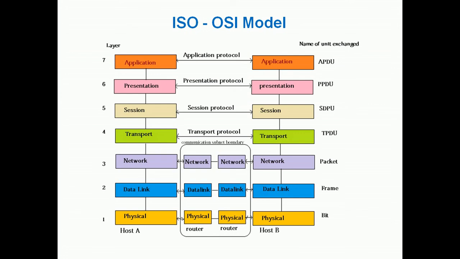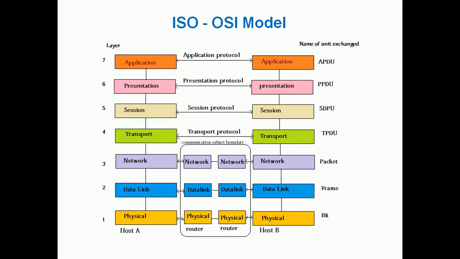Next is the network layer. In almost every network we talk about IP addresses. IP addresses are also known as logical addresses, and the network layer deals with these addresses.